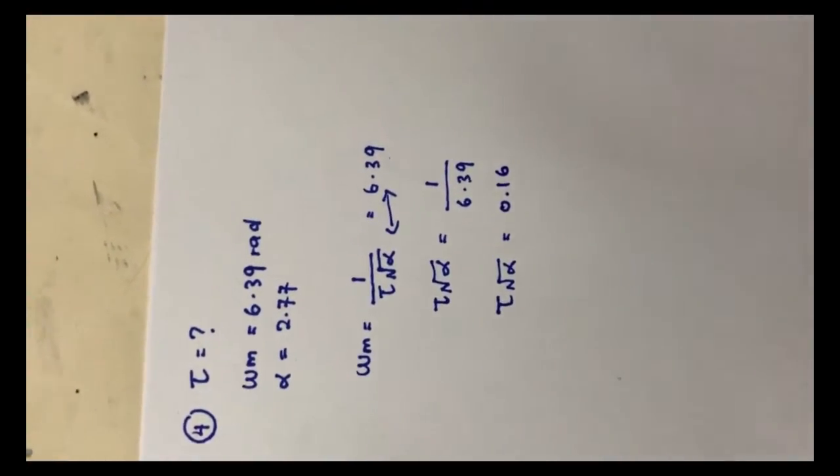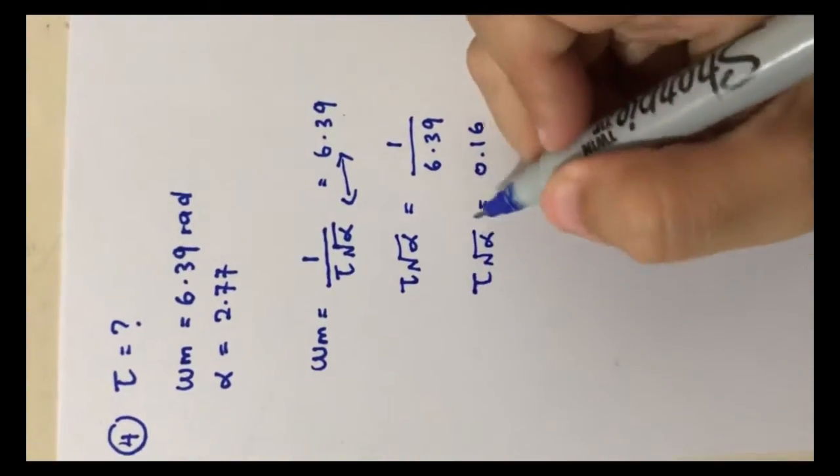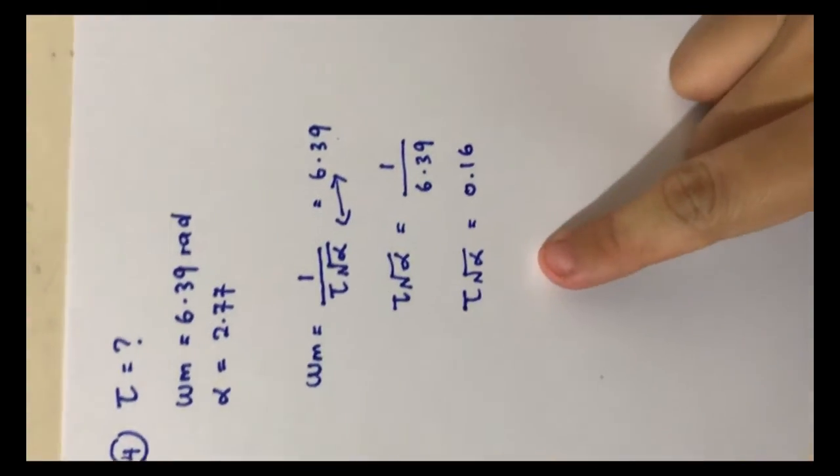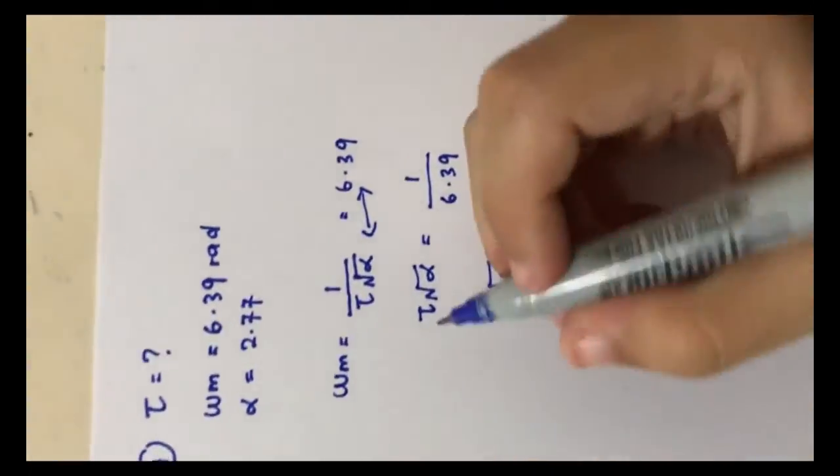So now we know that alpha is actually 2.77 square root.